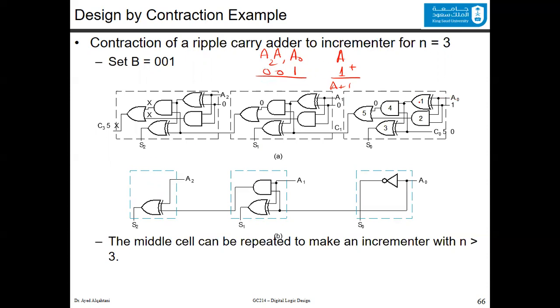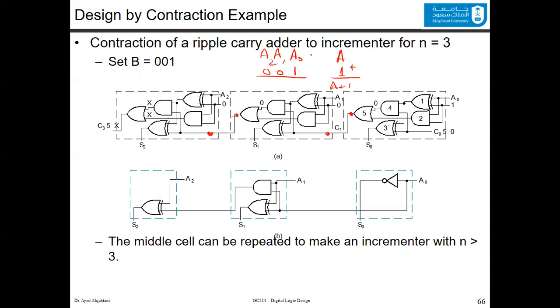You can see that this is the 3-bit incrementer where you have a half adder, another half adder, and the OR gate. Similarly here and here. So this is a full adder, a full adder, a full adder, and the carry output of this one is the carry input to the next one. The carry output here is the carry input here. And you can check the ripple addition if you need to refresh your mind.